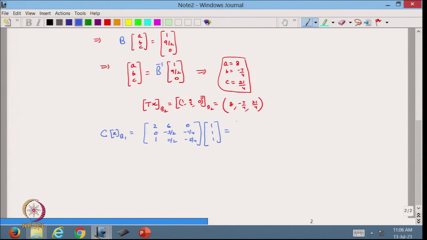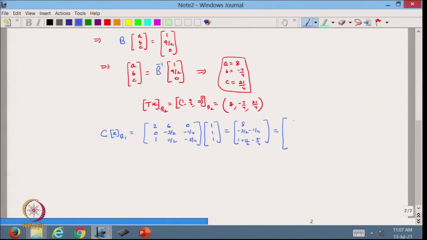Now, from here if you see, I will multiply this. So, it will be 8 and then minus 3 by 2 minus 1 by 4, and this is 1 plus 11 by 2 minus 5 by 4.